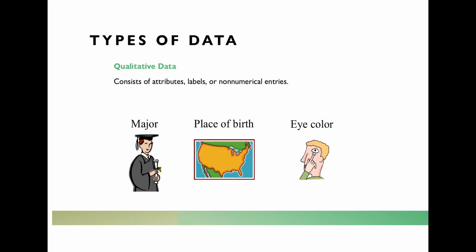So we can differentiate between these two. It's not exactly, but it's kind of like the non-numerical stuff and then the numerical stuff, like numbers and then categories and names. So the first type of data that we have is we call qualitative data.